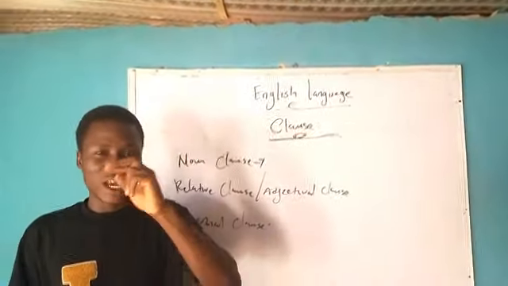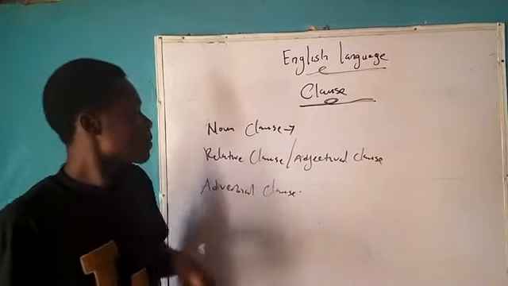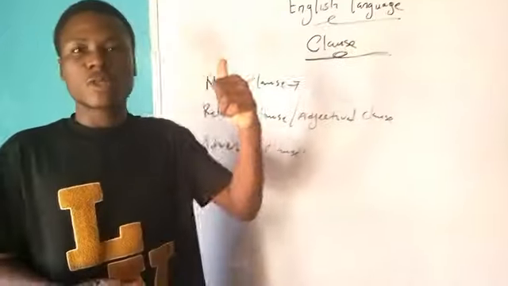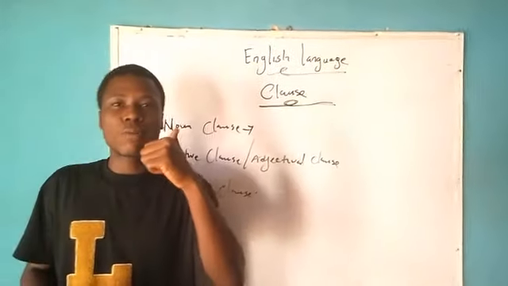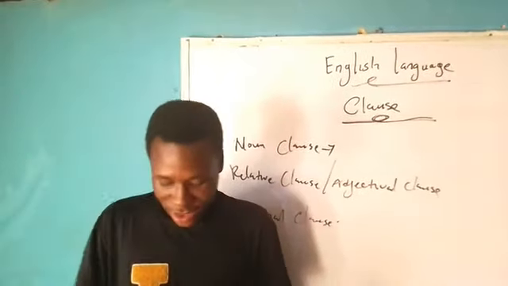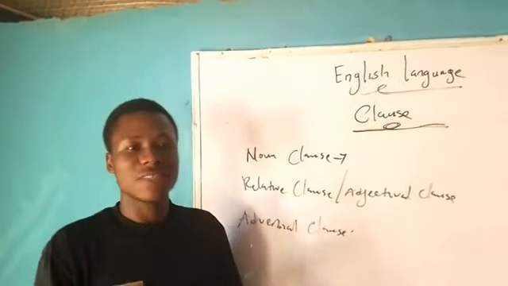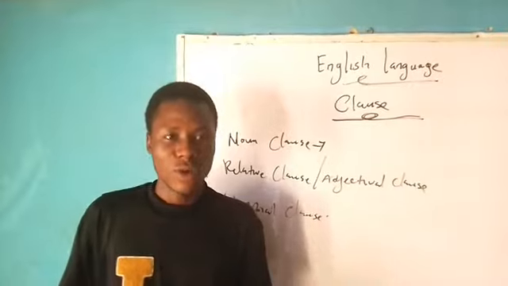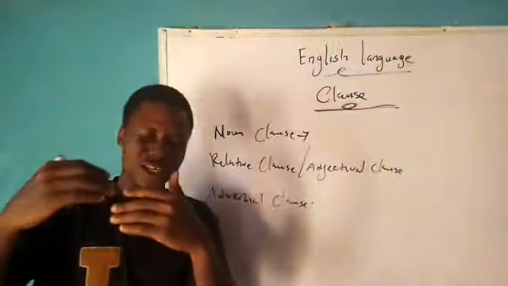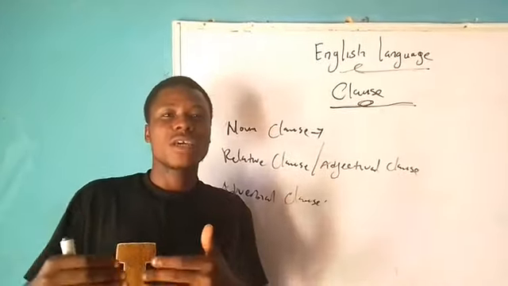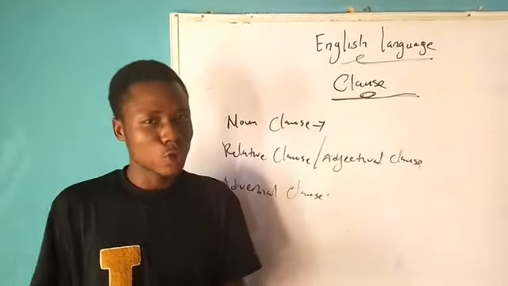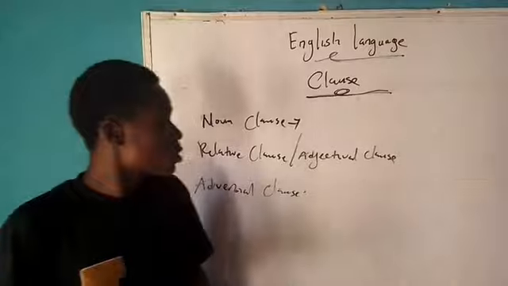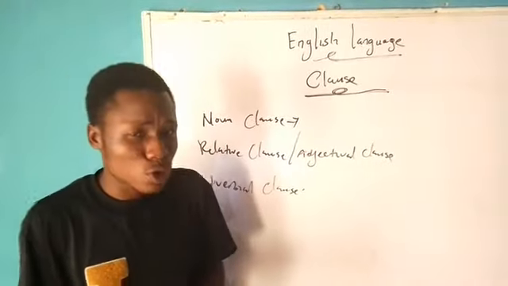The first thing to note is that a noun clause must start with a subordinate conjunction.